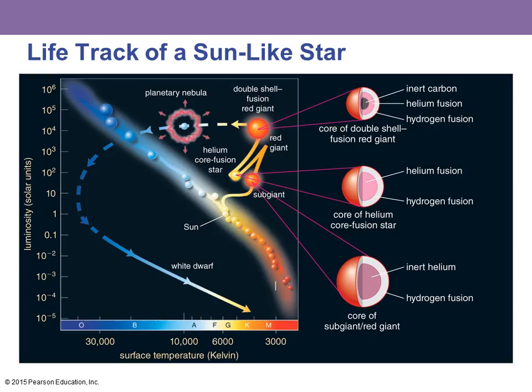So again, this is the entire life cycle of a star the size of our sun. It leaves the main sequence, turns into a subgiant, then a red giant, then a double shell fusion red giant. Throwing material out, it becomes a planetary nebula, and then very quickly drops down to the lower right, becoming a white dwarf.